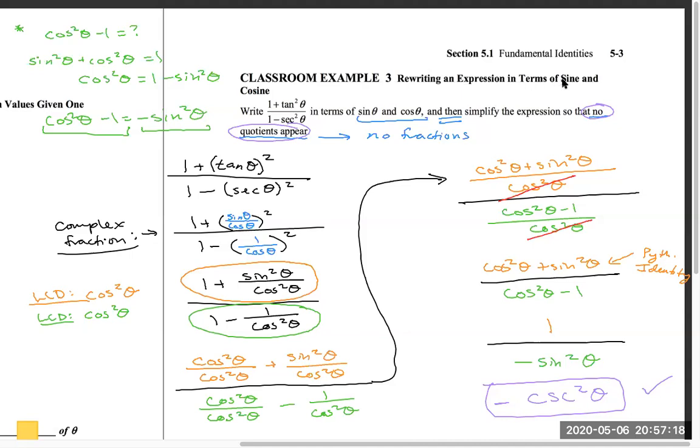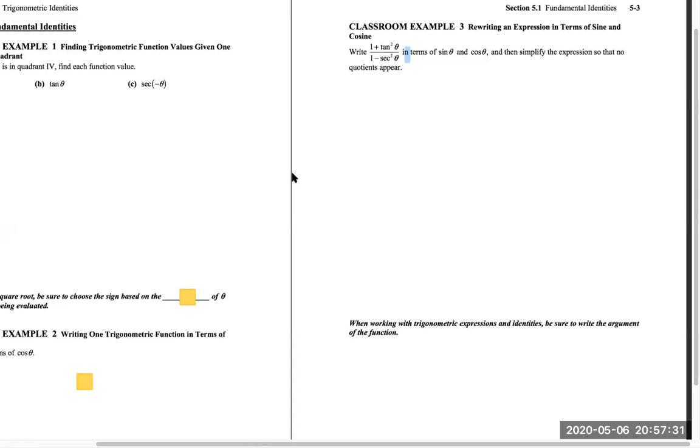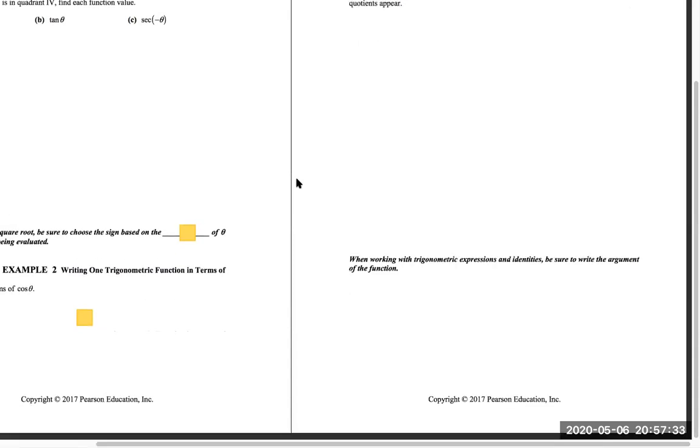All right, let me clear this out. And then let me zoom out here and see if this works correctly. Nope.